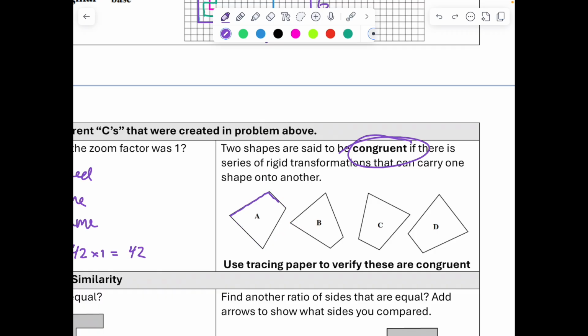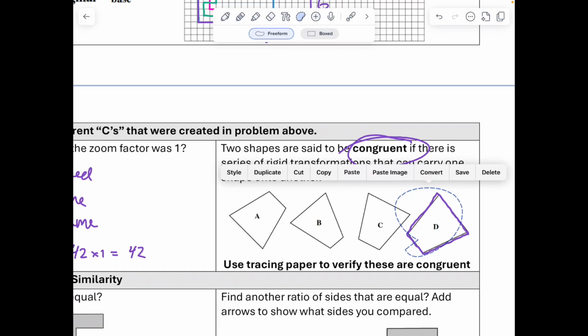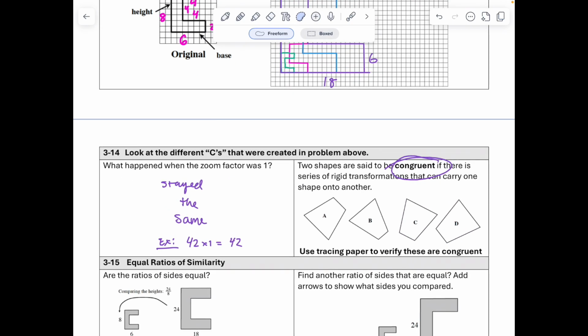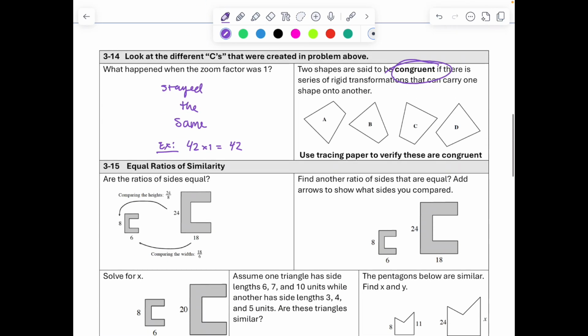Maybe if I traced over this and I moved it around, this is kind of what you do with your tracing paper here. If I just rotated this, can that fit? Yep. If I rotated this, yes. So really all I did was rotate these. They didn't get any bigger, they didn't get any smaller. So they are the exact same shape and size, so they are congruent, okay?